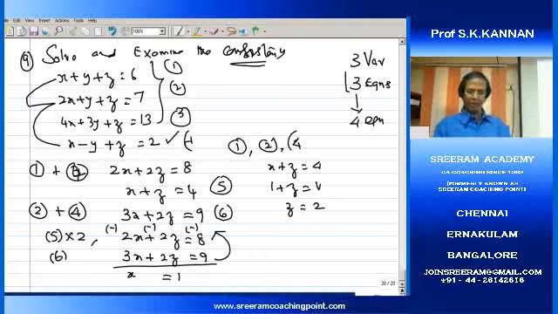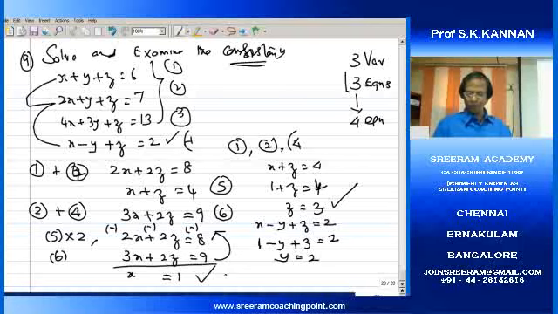Now take either 1 or 2 or 4. Say 4: x minus y plus z equal to 2. We know x is 1, z is 3. Substitute: 1 minus y plus 3 equal to 2. Solving, y equal to 2.